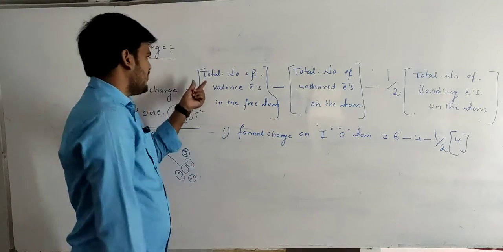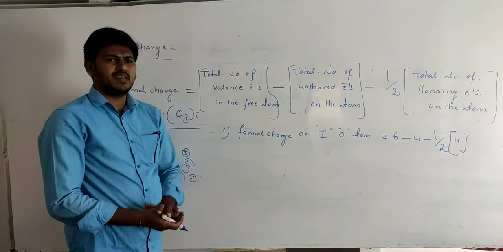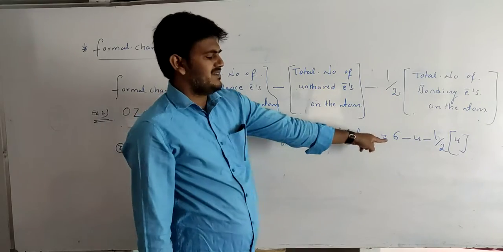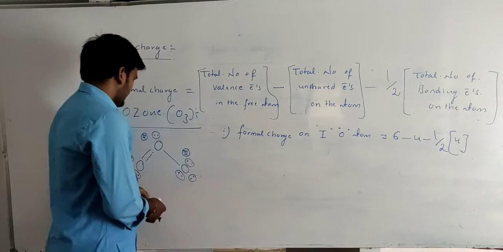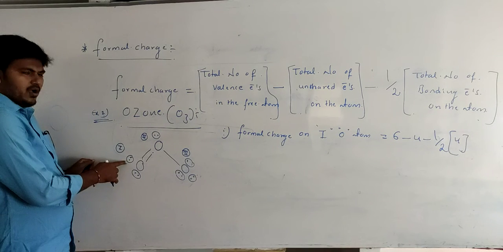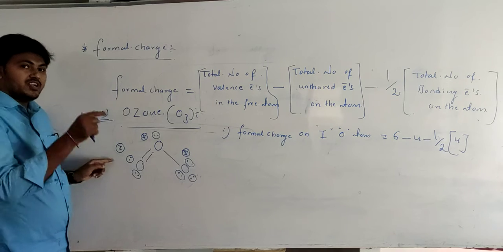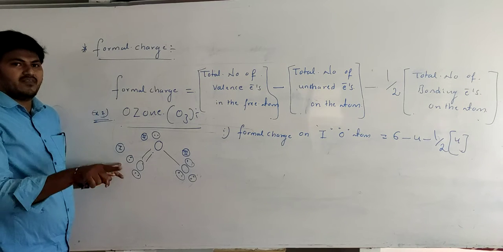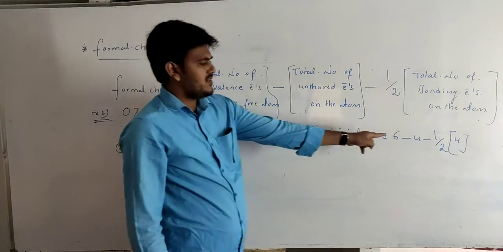So first of all, total number of valence electrons in the free atom. Oxygen is a 6th group element, so valence electrons are 6. Minus total number of unshared electrons on the atom. The first oxygen has 4 unshared electrons, 2 lone pairs.